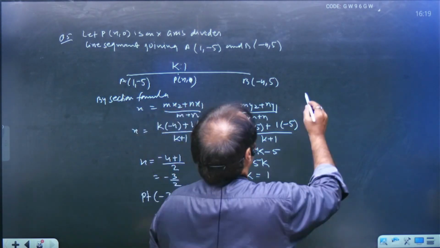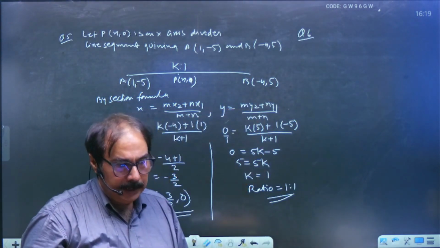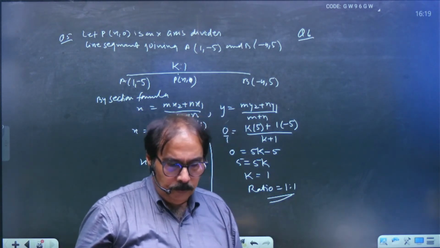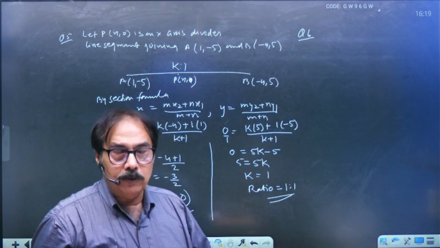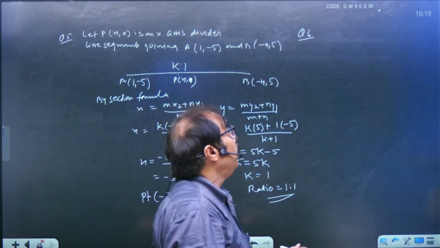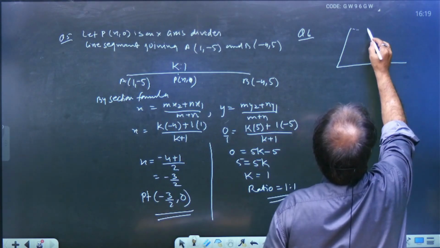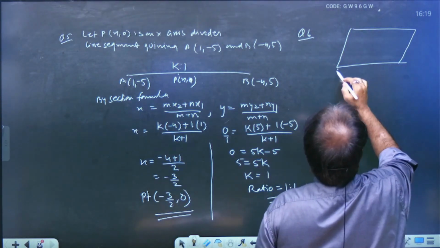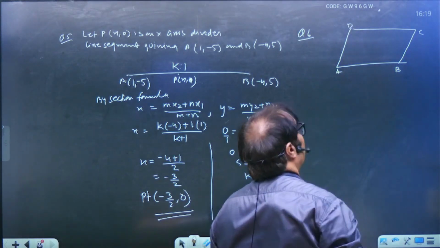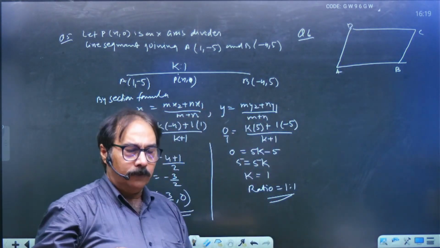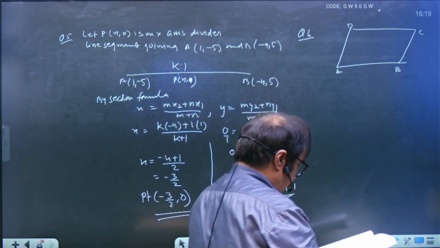Now the sixth question is question number 6. The question says, if (1, 2), (4, y), (x, 6), (3, 5) are the vertices of a parallelogram taken in order. Taken in order means, suppose this is a parallelogram, right? So we will write all the vertices in order, either clockwise or anti-clockwise, but it should be in order as per the direction of the question.